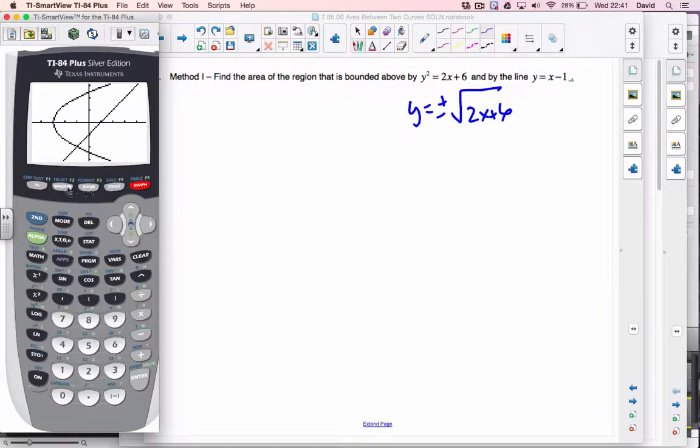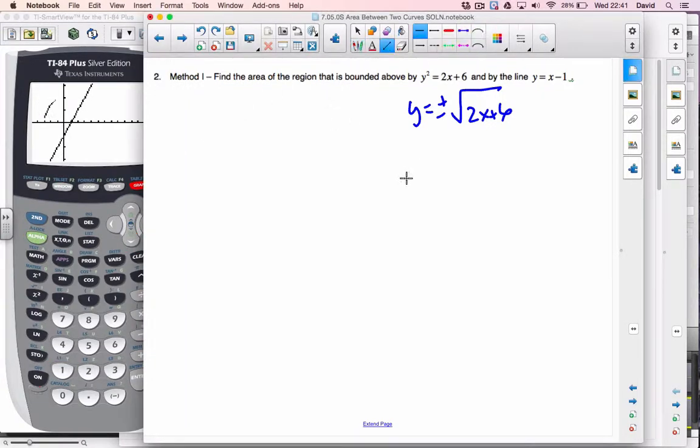And let me change my window a bit and make the maximum up to 8, I think will be nice. No, not quite high enough. Okay, so I'm going to make a sketch of this. Oh, I'm hitting my x maximum, not my y maximum.